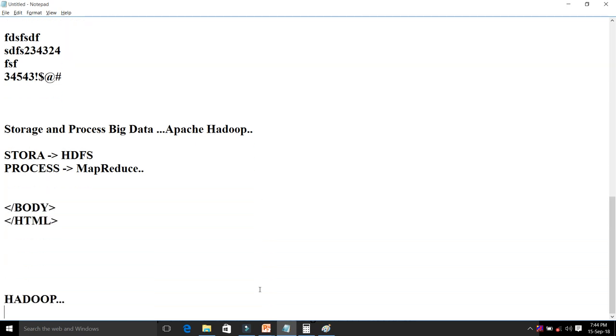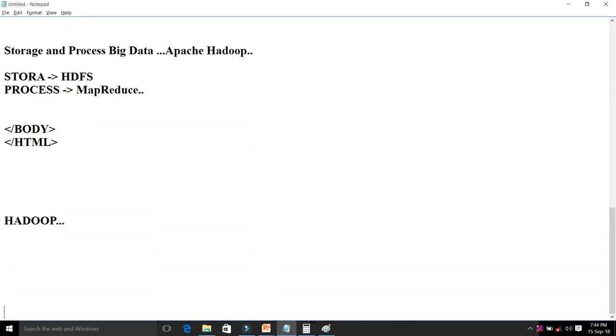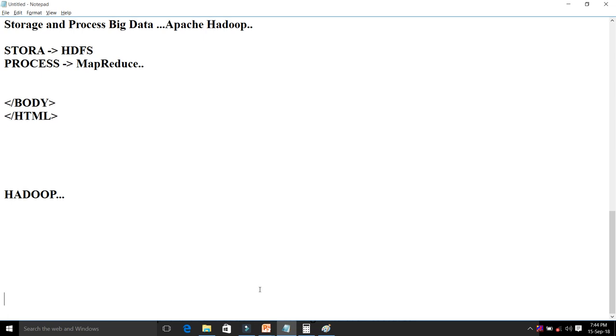Now how to configure Hadoop and how we are using Hadoop in this tutorial. Hadoop is basically configured manually. You can download Hadoop from Apache and configure it on any Linux based operating system.